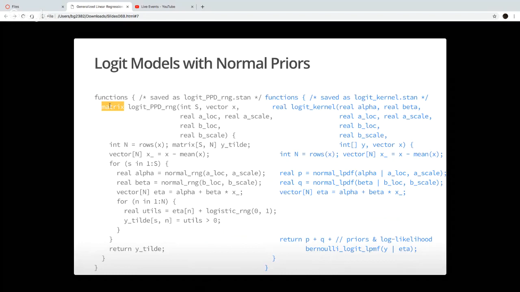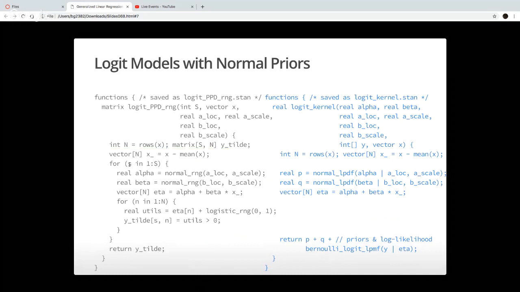S is the number of simulations, N is the number of observations that we have in terms of rows of X. And then a_loc, a_scale, b_loc, and b_scale all pertain to the normal priors that I'm going to be using for the intercept and the slope in this Logit model. So I allocate those. I center my predictor variable. This obviously can be generalized fairly easily to the case where you have more than one predictor, but you're going to have more slopes and more priors and all that.